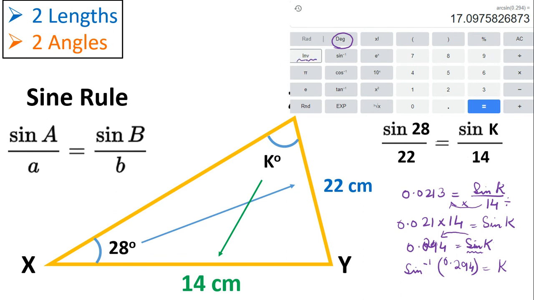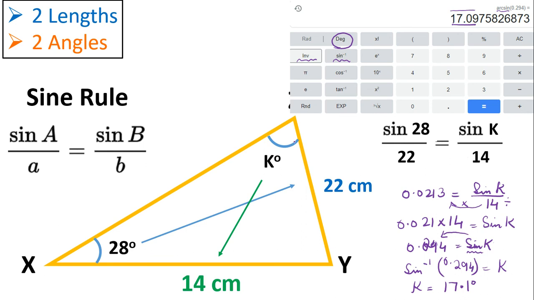Secondly, you have to click inverse. Once you click that, you have sine minus 1, cos minus 1, tan minus 1. Because I'm dealing with sine, I'm going to click sine minus 1. And when you write that down, you can see you have arc sine, and then you put 0.294. That gives me 17.097, and so on.